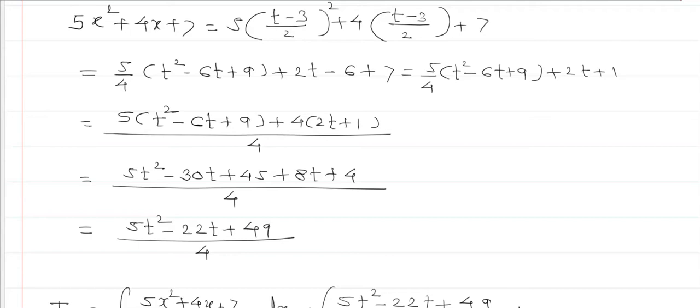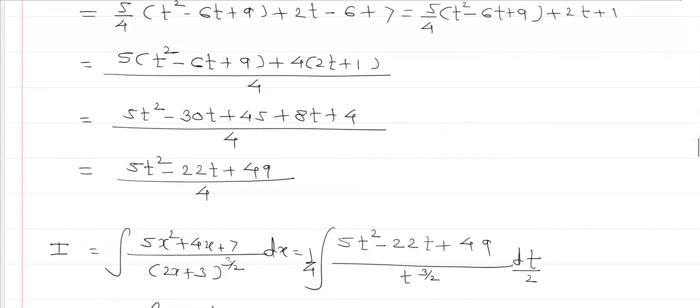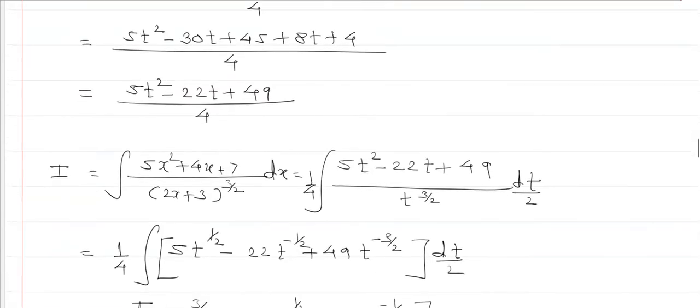That is 5t square minus 30t plus 45. That is 4 into 2, that is 8t plus 4. Now simplify this. 5t square minus 22t plus 49 upon 4. Now simplify this. I is equal to integral 5x square plus 4x plus 7. Write in the big form.